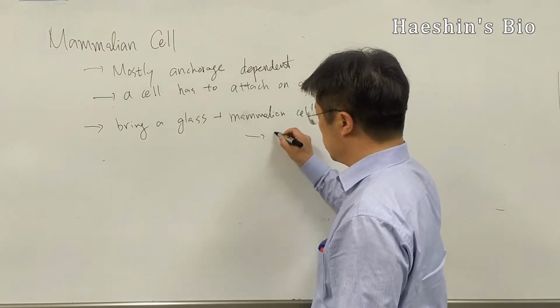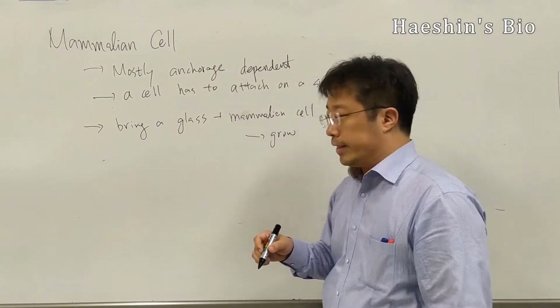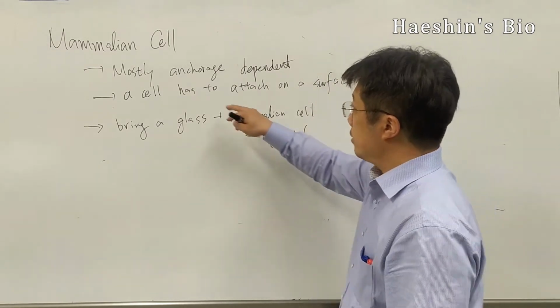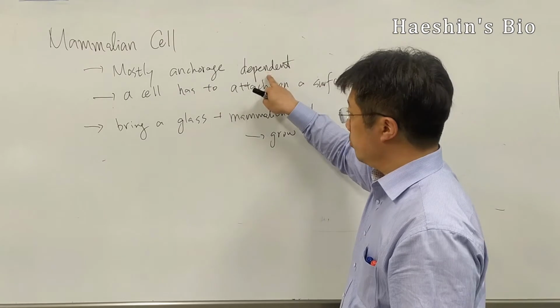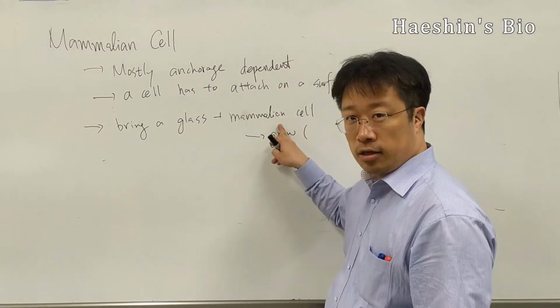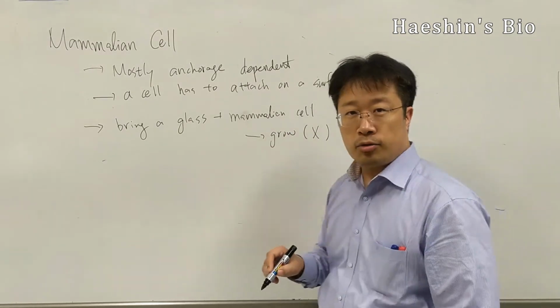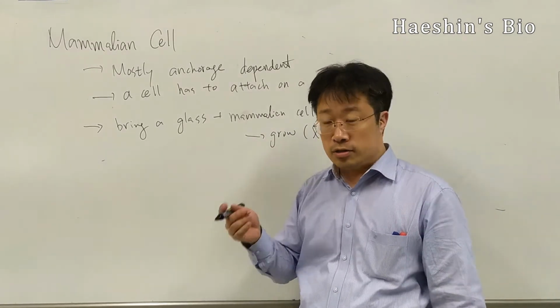So that's the basic growth condition. But it has to be anchorage dependent, meaning attached to a surface. So if you bring a glass and a cell, it has to grow. But actually, this is not the right answer, because there are other factors.